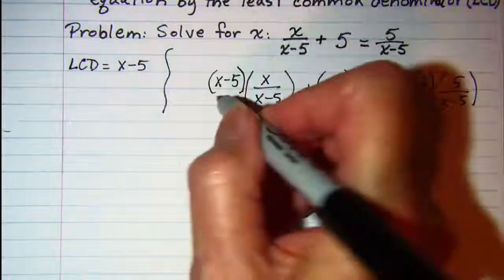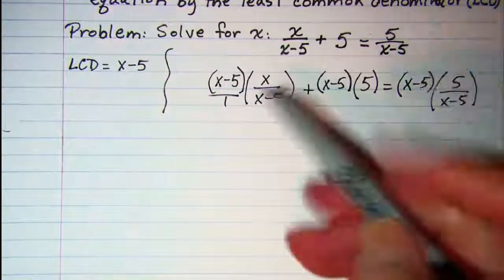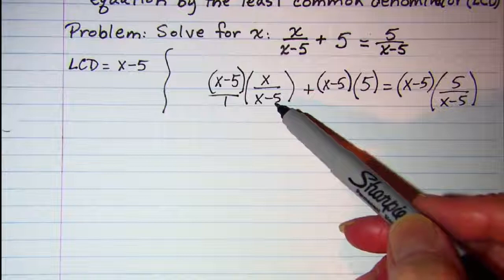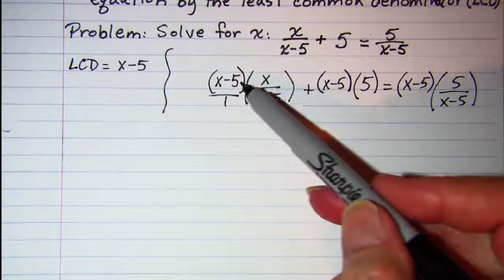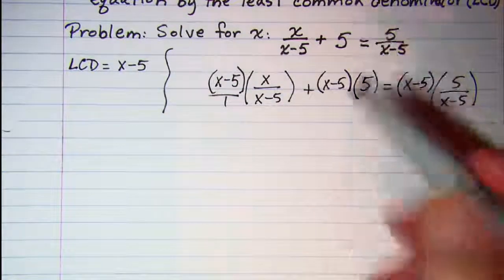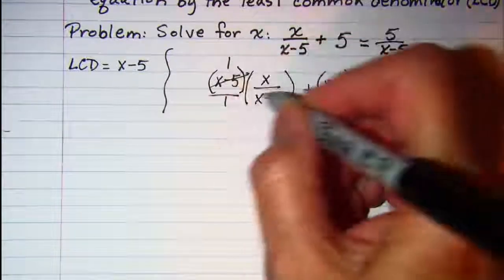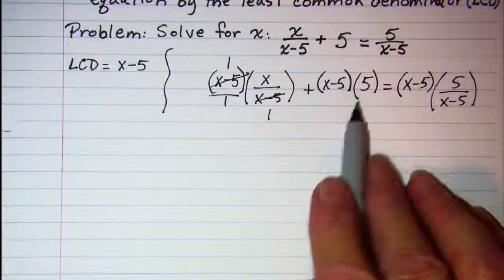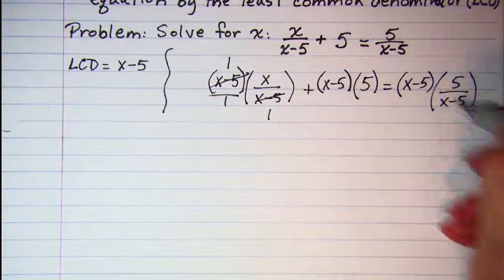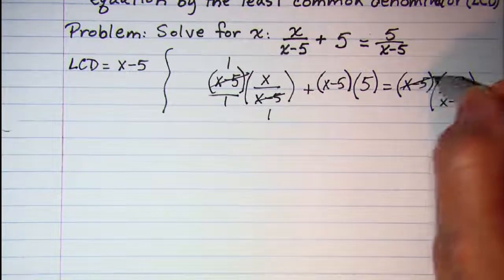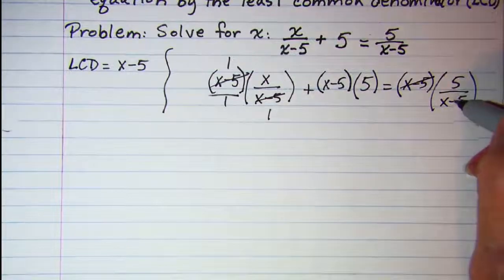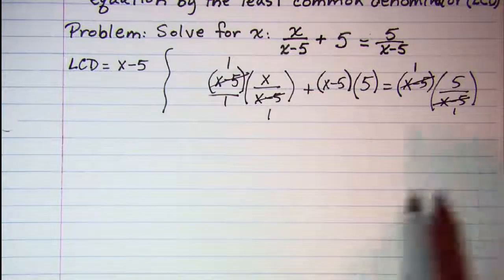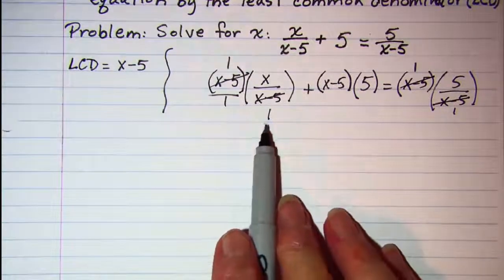Alright, so we know, and this is actually over 1, so we know that x minus 5 in the numerator and x minus 5 in the denominator, x minus 5 over x minus 5 is 1, so these cancel. Nothing cancels here, this is all over 1. But over here on the right side, x minus 5 in the numerator over x minus 5 in the denominator, those also cancel. Alright, now let's write what's left.